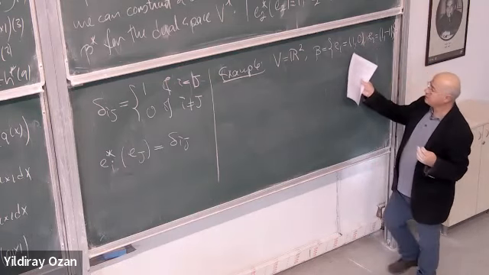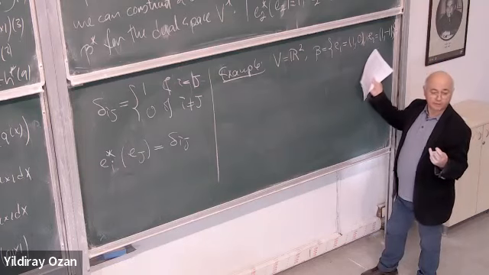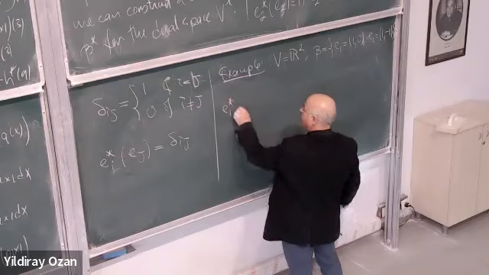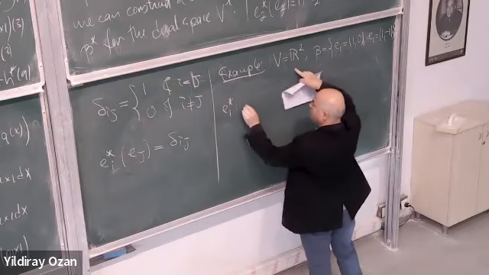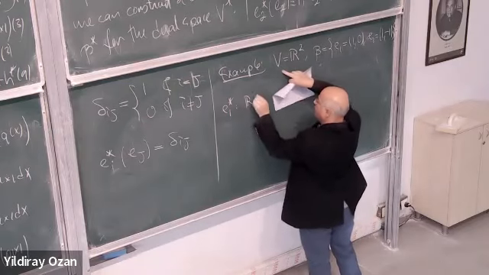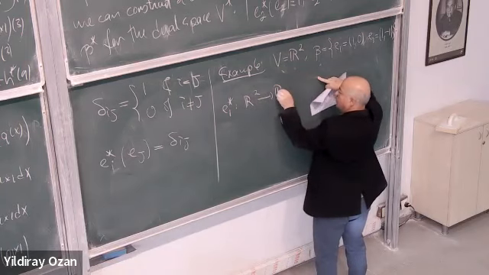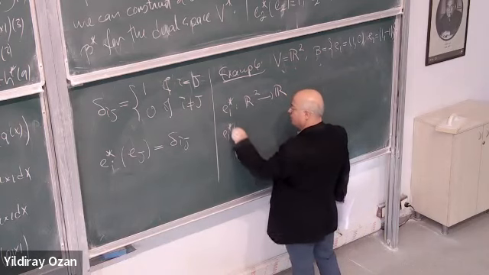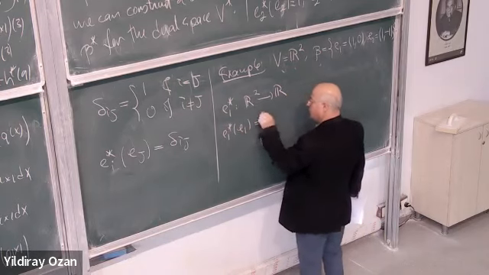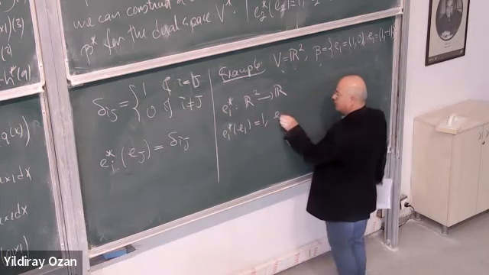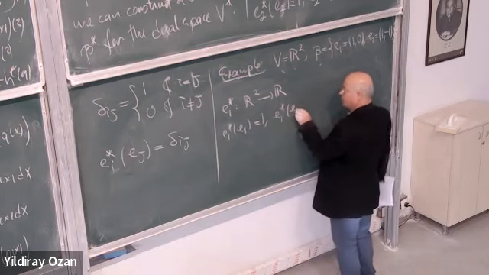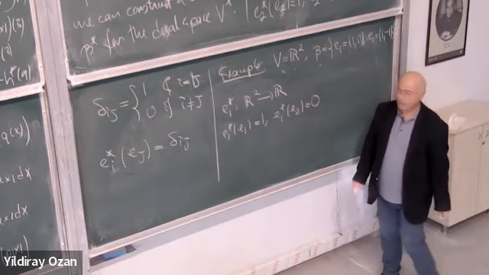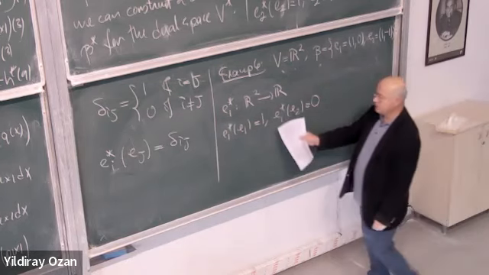You may ask the following: what is E1 star? What is E2 star? So E1 star is a map from R2, right, V into R, and it should send the first vector to 1, the second vector to 0. Can you tell me what this is?